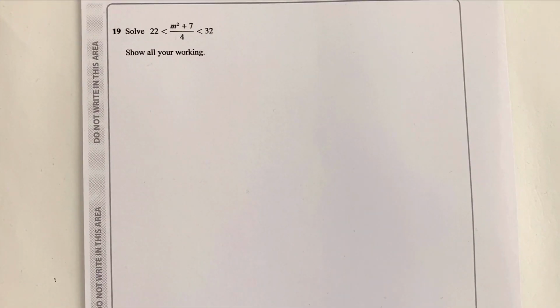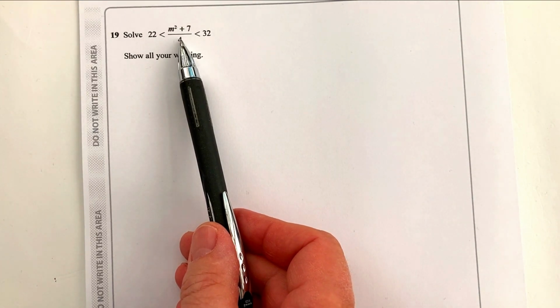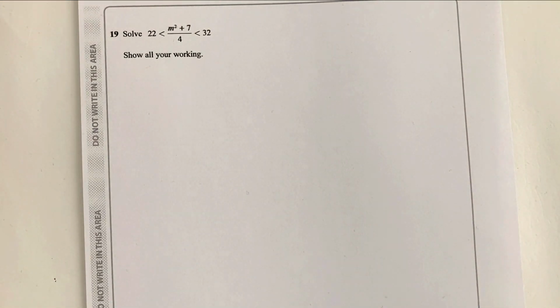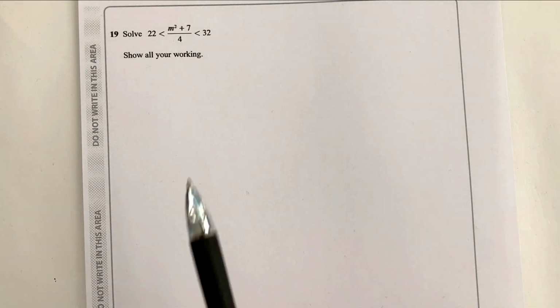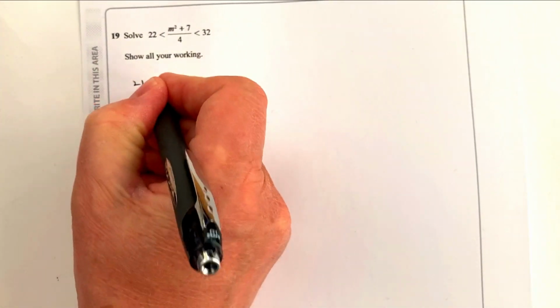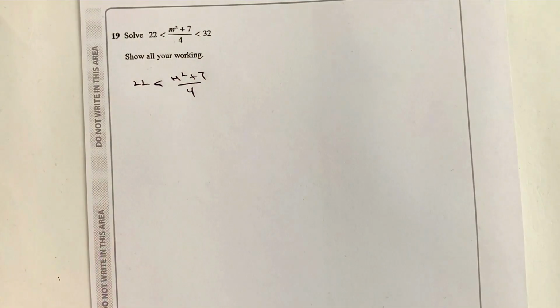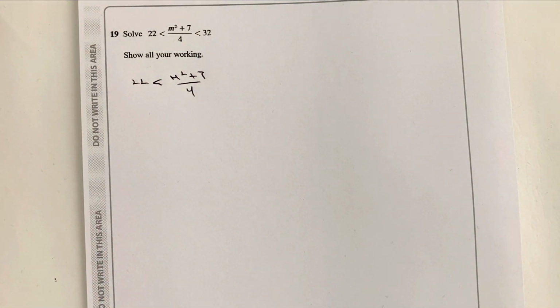Well, it's a bit tricky, but basically we're going to get rid of this 4 first, and I'm going to write this as 2 separate inequalities. If I ignore the less than 32, what I've got is 22 is less than m squared plus 7 over 4. Well, that's no good to me, I need to know the value of m.